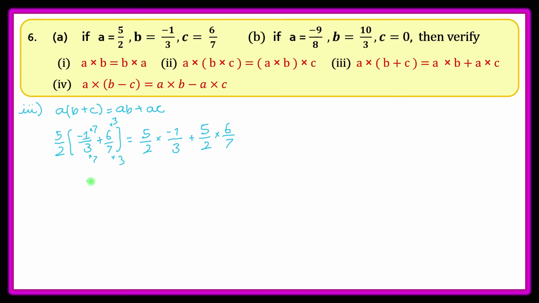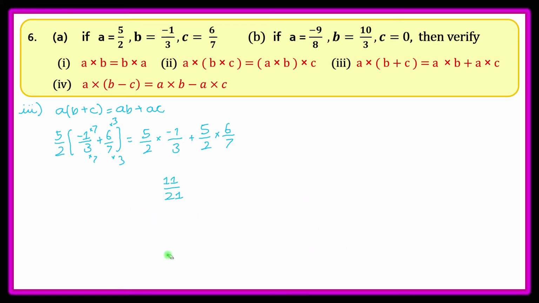So we will have minus 7 upon 21 plus 18 upon 21 like this. And now 18 minus 7 is just 11, so we will have 11 upon 21. So the answer would be just basically 11 upon 21 only, as you can see.